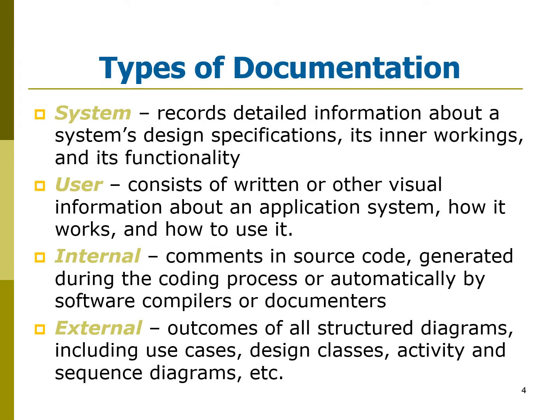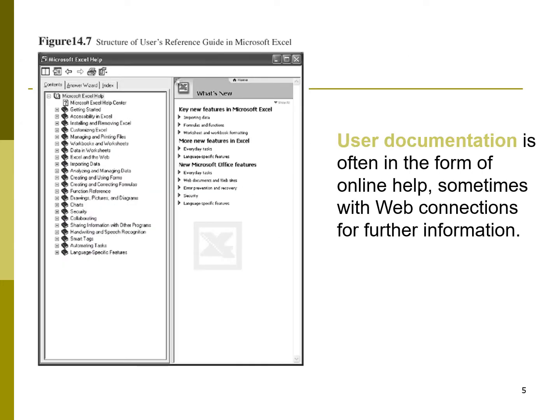On top of that, you also have documentation which is used internally, inside the software development team. So it relates to comments in the source code, right? It's very detailed, so basically it's only used among the developers. This internal documentation can either be written manually or done by software compilers.